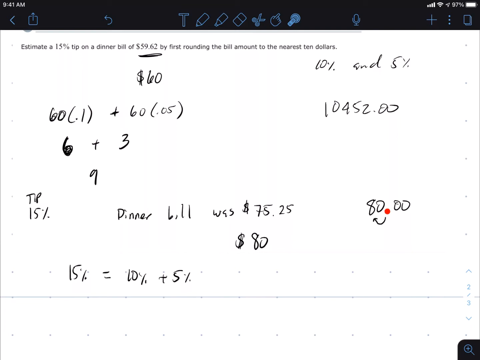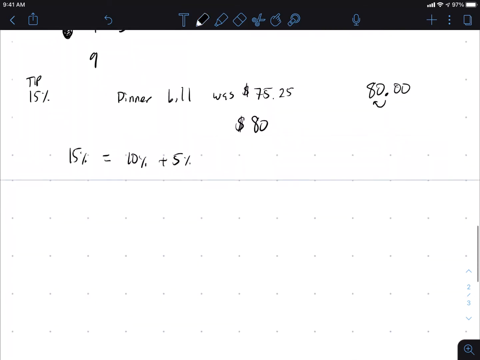So in 80, I'm just going to move it one spot. Now, I can show you mathematically too if you want to see it. So if I went 80 times 0.1, what's 1 times 0? 0. Okay, what's 1 times 8? 8.